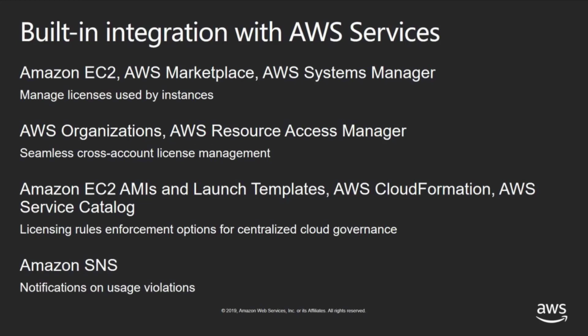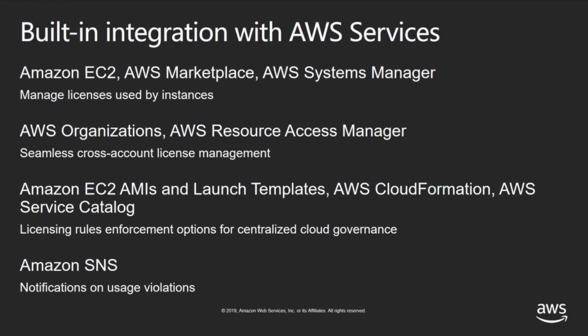AWS License Manager integrates with various AWS services. Customers can manage licenses used by instances on Amazon EC2, AWS Marketplace, and any AWS Systems Manager configured instance. The integration with Systems Manager enables customers to manage hybrid environments across AWS and on-premises. There is built-in integration with AWS Organizations and AWS Resource Access Manager to provide a seamless cross-account license management experience.